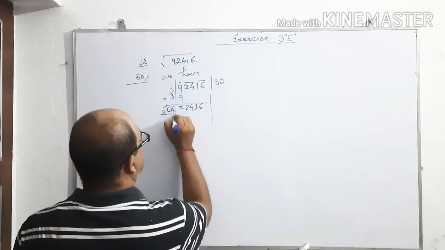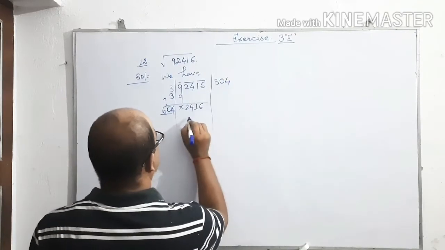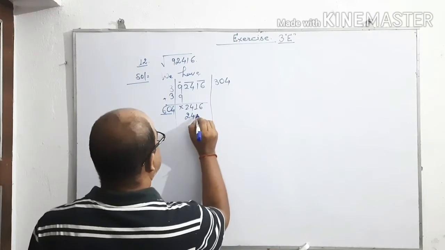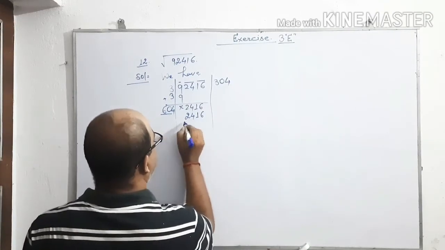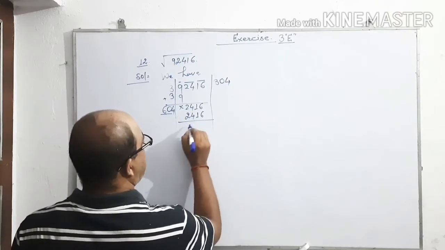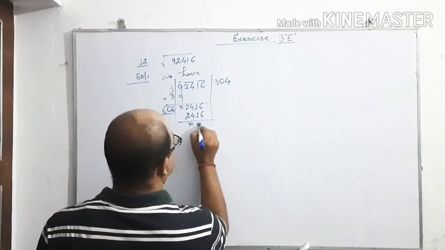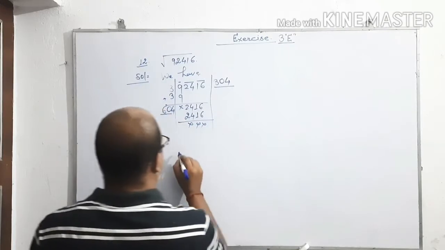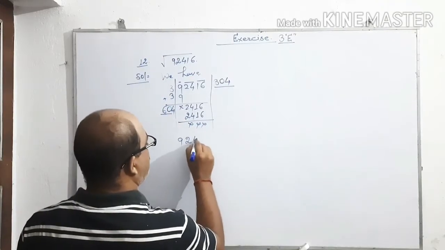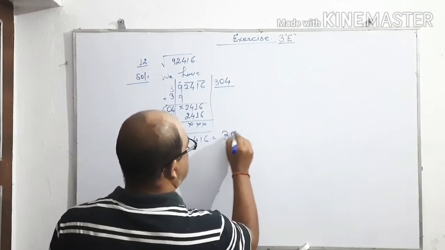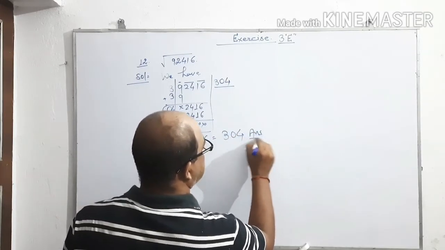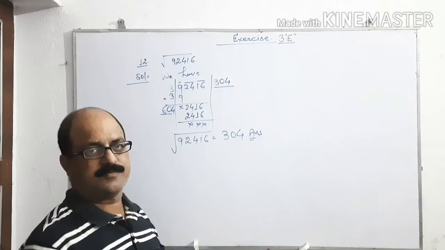So we have to multiply it by 4. 604 will be multiplied by 4. We obtain 2416 and it will be cancelled. Now the square root of 92416 is 304, and this is the answer of it.